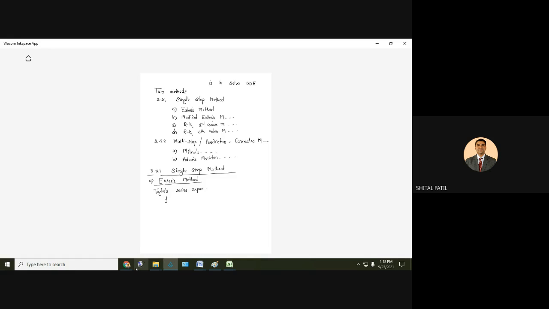What is the expansion of f of x? f of x equals f of 0 plus x into f dash of 0 plus x square upon 2 factorial into f double dash of 0. That is correct. That is Maclaurin's. Okay, no problem. At least you remember what type of series it is.